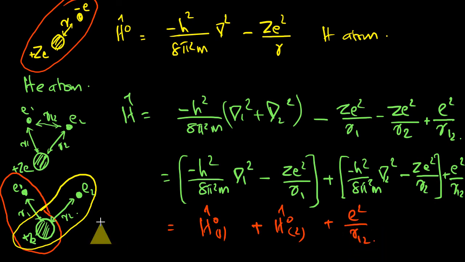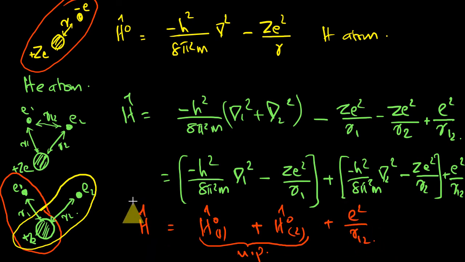Now our Hamiltonian h cap is equal to h cap 0 1 plus h cap 0 2 plus e square by r12. Here these two terms are the Hamiltonian for the unperturbed system, and what is additional is e square by r12.